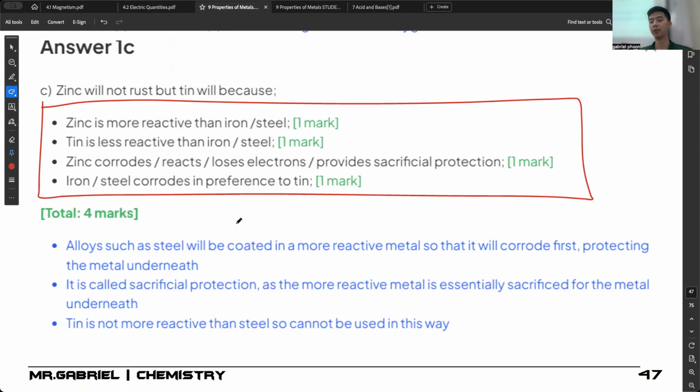Yes, the more reactive it is, the more likely it is to oxidize and lose electrons. Good. Correct already. Good.